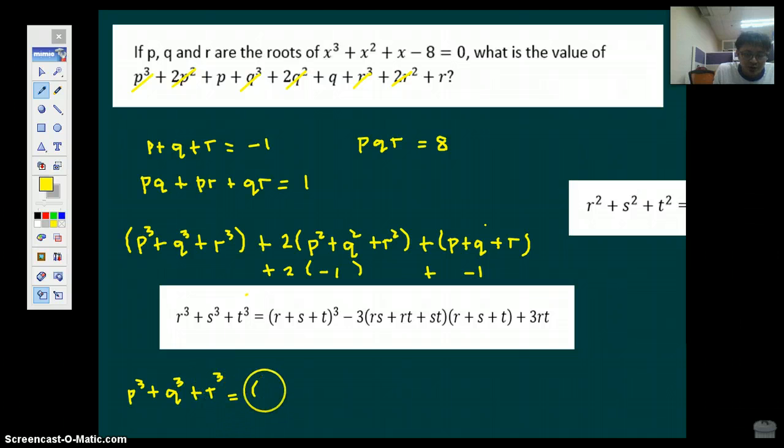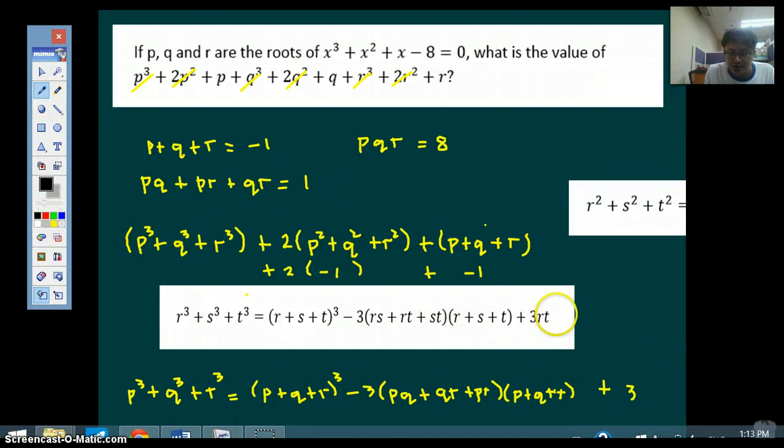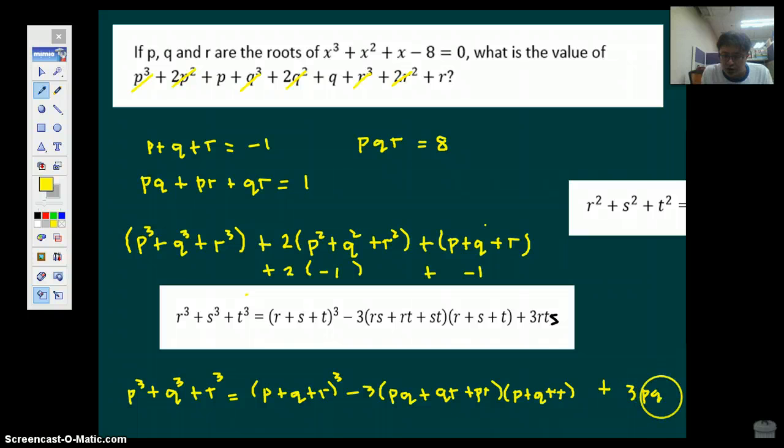That is simply p plus q plus r, cubed, minus 3 times the sum of the products of the terms taken two at a time, pq plus qr plus pr, times the sum of the terms p plus q plus r, and then added to 3 times, this is incomplete, that should be 3pqr, so there's still a letter missing there. So anyway, this should be 3pqr.